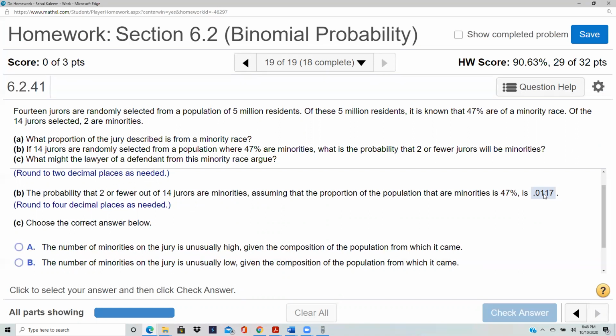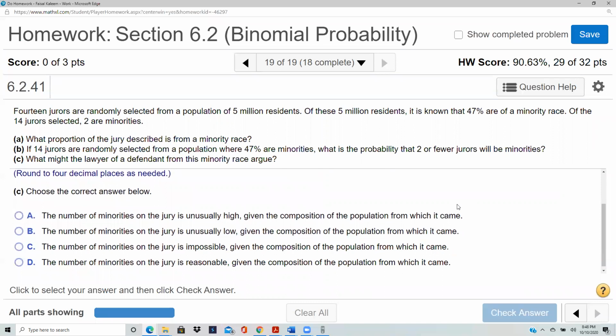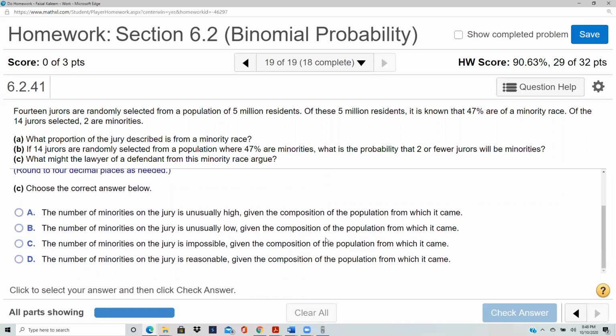That's 1.17%. And we know that anything less than 5% is unusual. So 2 or fewer jurors out of 14 of the minority race is an unusual situation. And so it's unusually low given the composition.